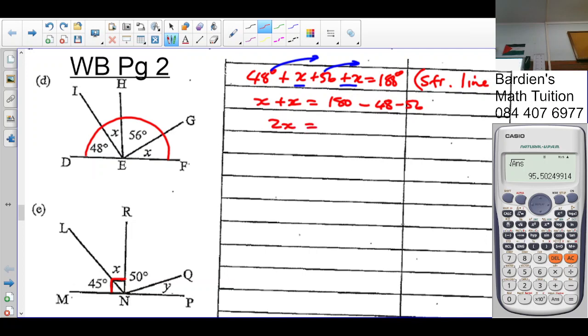So 2x is equal to? 180 minus 48 is going to be 132. Minus 56 is going to give you 76. Is that correct? Yes.